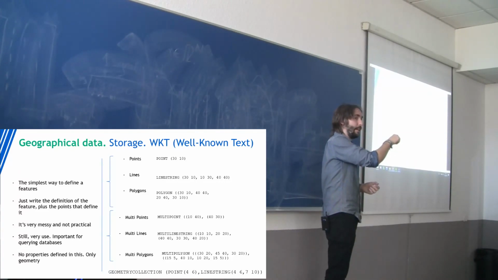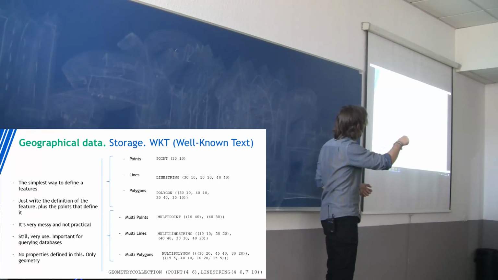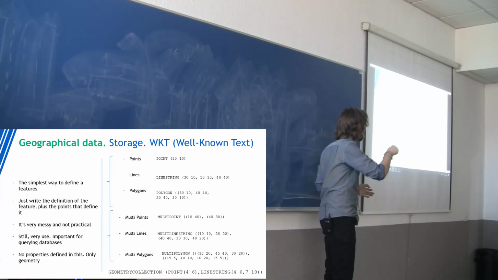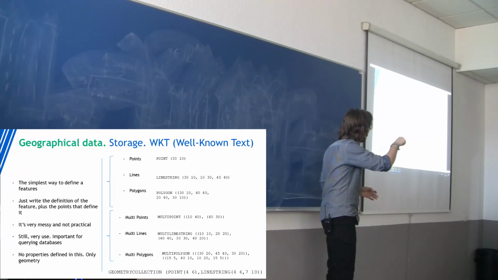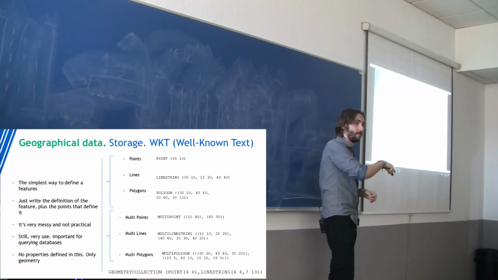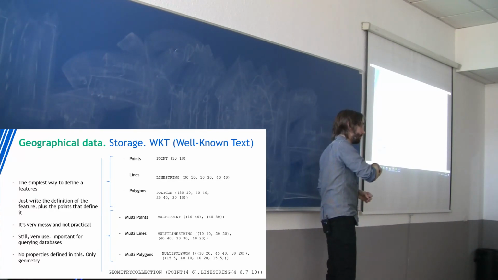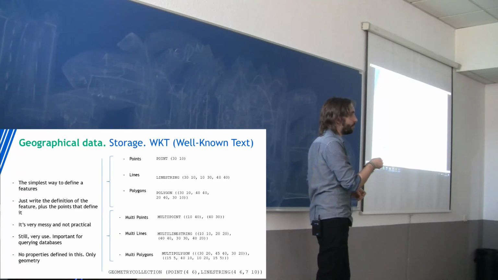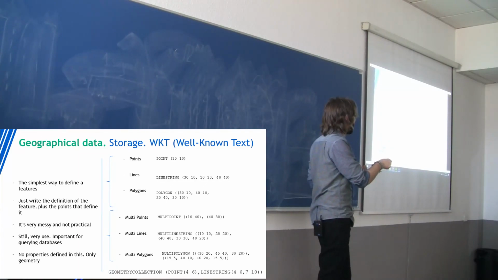Line, then line string, latitude, longitude of all the points that define the line. And polygons, it's polygon, latitude and longitude of the vertices. And the first and the last need to be the same because they need to be closed. Okay. And the multipoints is more or less the same with a different keyword.